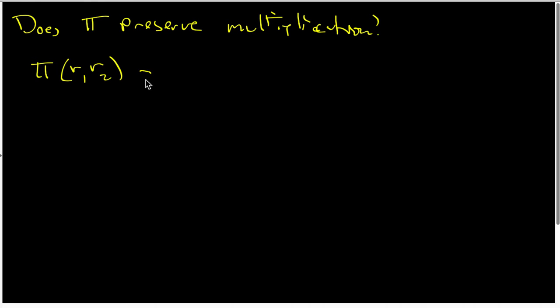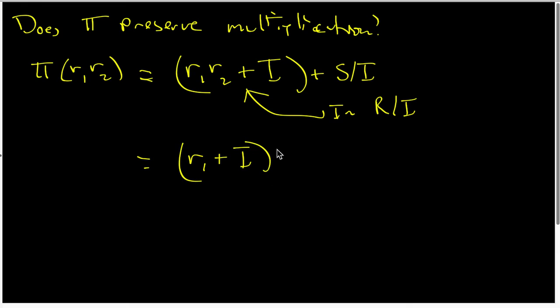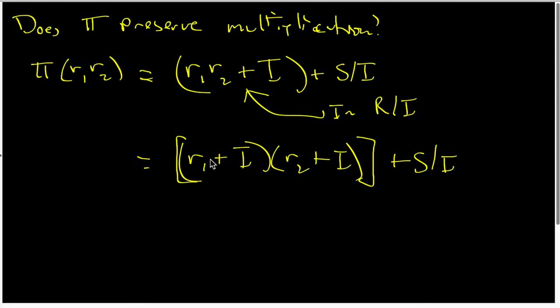By the definition of pi, that's going to be r1 r2 plus I plus the ideal S mod I. But this particular element is inside R mod I, and so r1 times r2 plus I is known to be r1 plus I times r2 plus I, and then we want to add the ideal S mod I to that element in order to stay in our target ring.